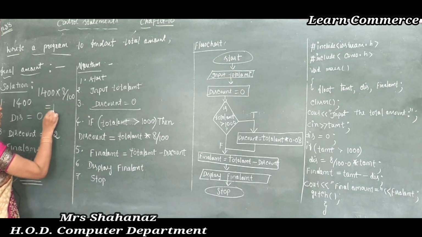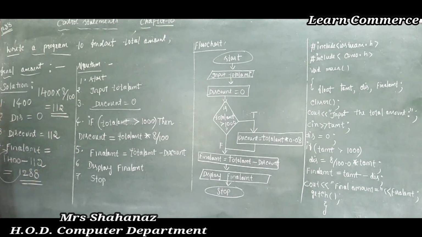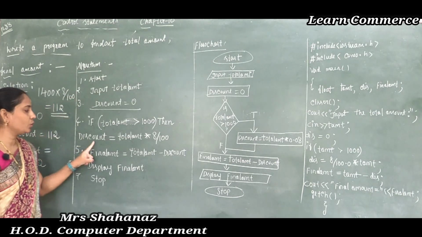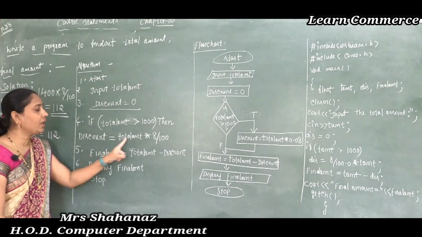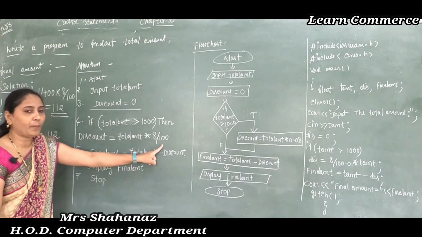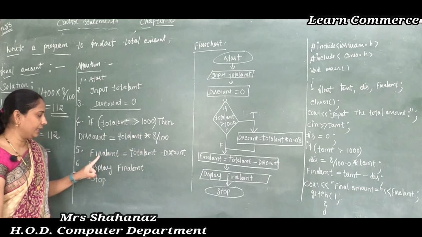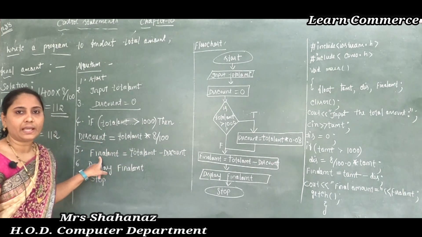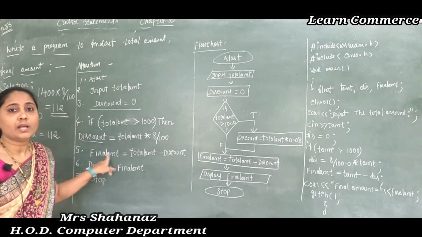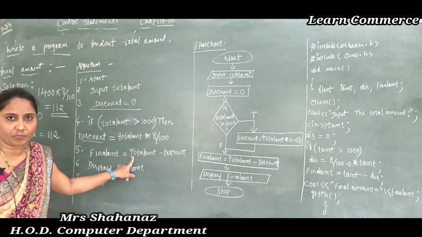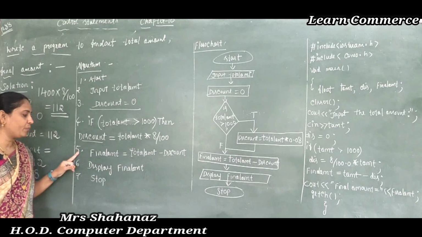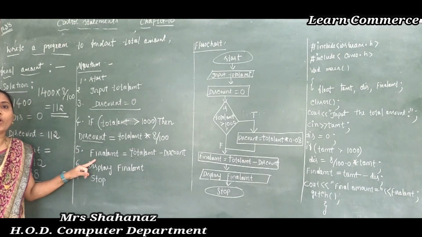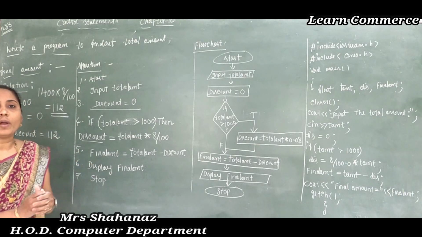I got the answer 112. So the discount calculation is just total amount into 8 by 100. And after getting the discount, now I can calculate the final amount. So how do we calculate the final amount? That is step 5, the computation of the final amount.